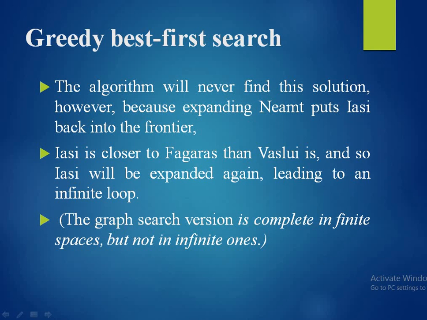However, because expanding Neamț puts Iași back into the frontier, and Iași is closer to Făgăraș than Vaslui is, Iași will be expanded again, leading to an infinite loop. The graph search version is complete in finite spaces but not in infinite ones.